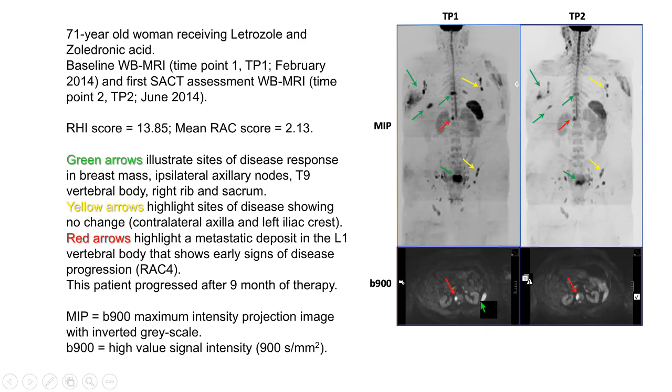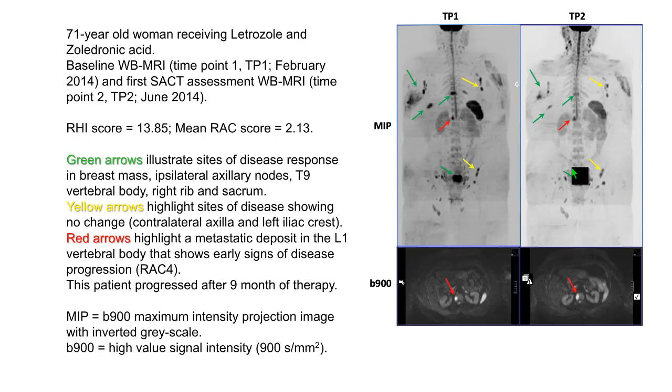Look, there it is on the diffusion sequence, gets bigger. And there are other bits that are stable. So that stays stable, that stays stable. Okay, so you'll say, well, majority of it is either better or stable. And you smile. Bad. Why bad? Because one lesion got worse.